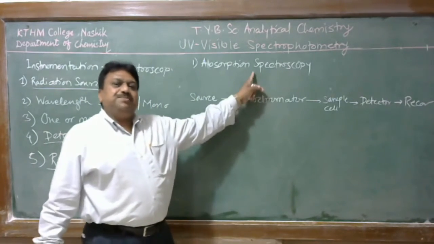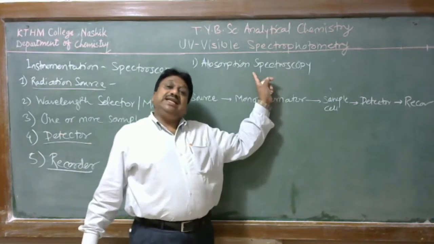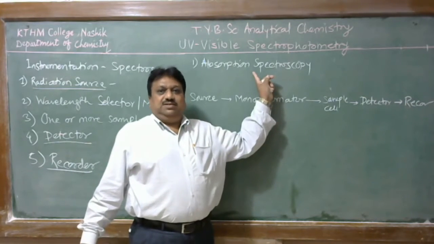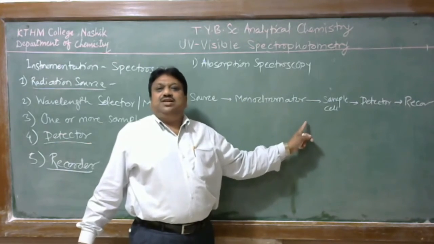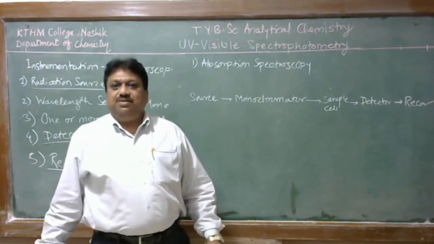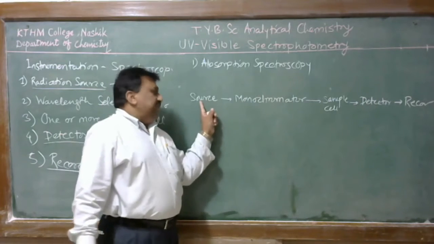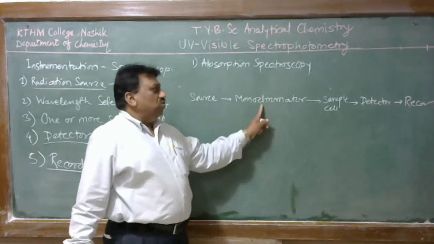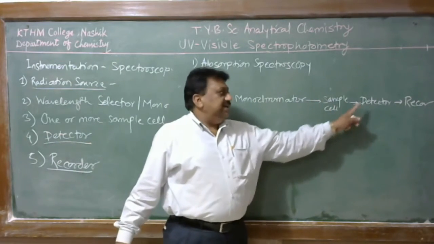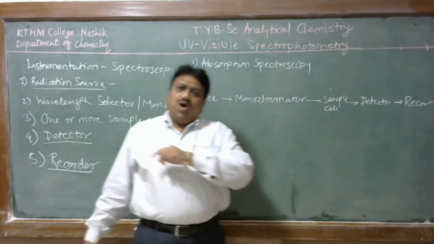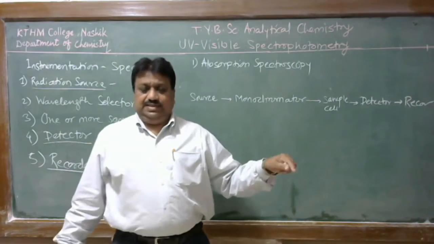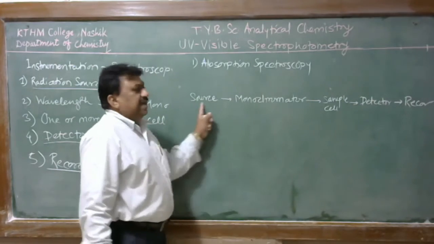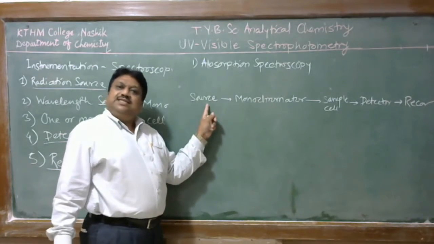Because absorption spectroscopy measures the decrease in radiant power of the incident beam, absorbance is measured in terms of the decrease in radiant power of the incident beam. Therefore, source, monochromator, sample cell, detector and recorder are all placed in a single line or on a single axis, so the decrease in radiant power can be easily measured.